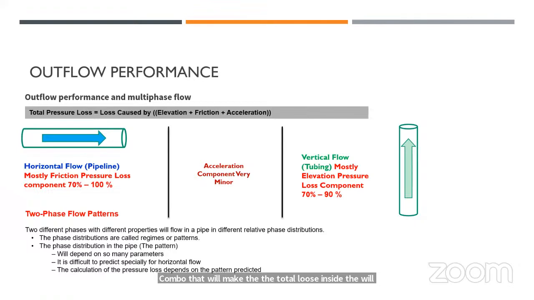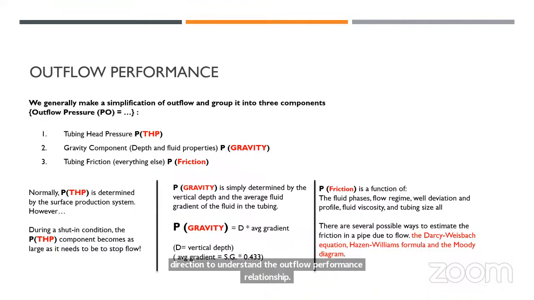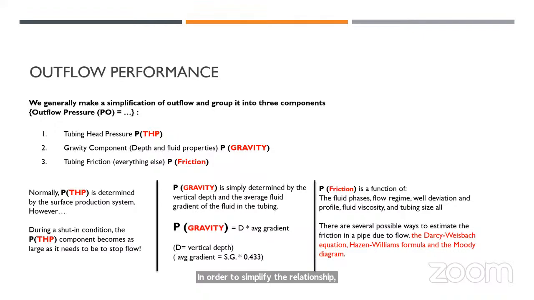So that's why we need to understand the flow regime or the flow direction to understand the outflow performance relationship. In order to simplify the relationship, we can make it into three components. The first is the tubing head pressure, the pressure required at the surface for the treatment facilities to operate.